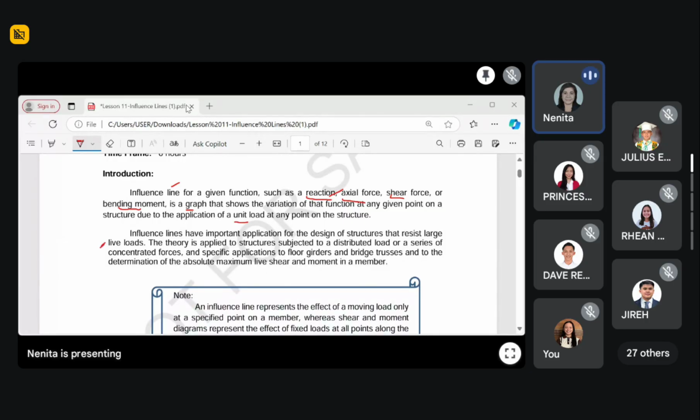And on Thursday, after the 14th, we will have the absolute maximum value of a function. On the 19th, we can have a sort of quiz on what we discussed on the 10th and 11th.